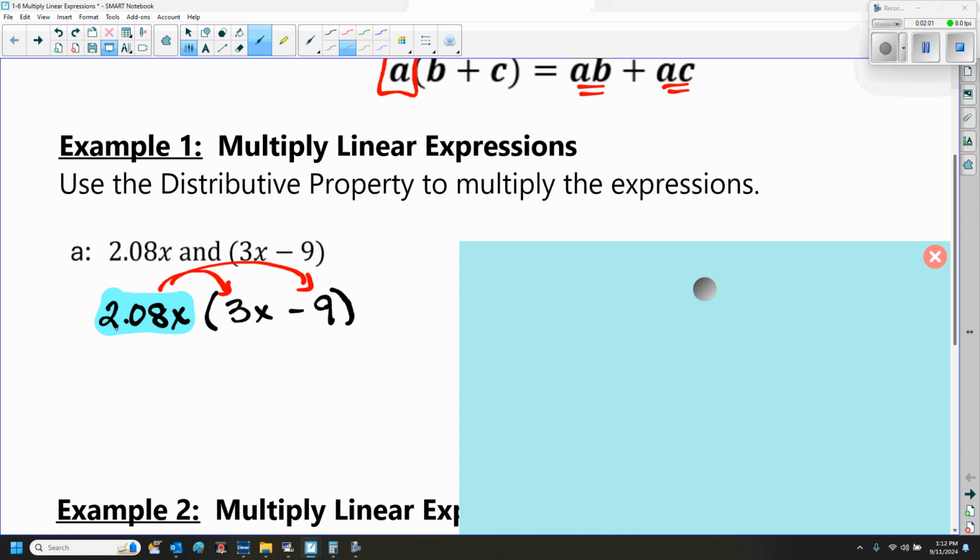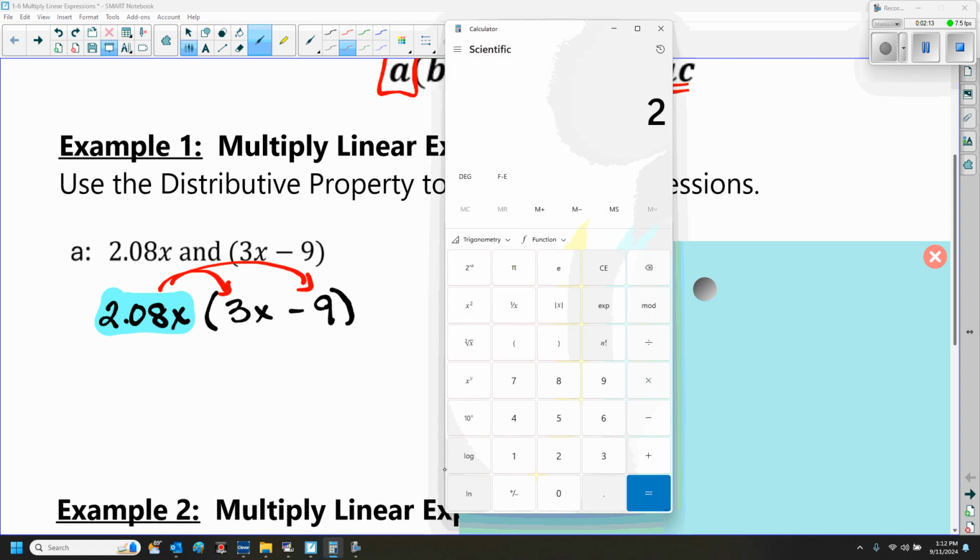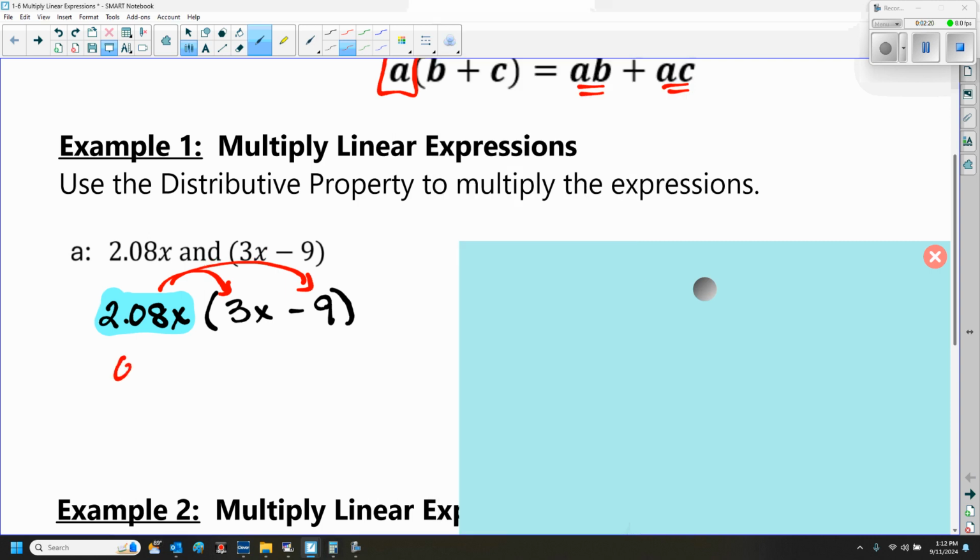Okay? So we've got a 2.08x times a 3x. So when we do that, you guys are going to multiply 2.08 times 3. So we've got 2.08 times 3, and that gives us 6.24, right?